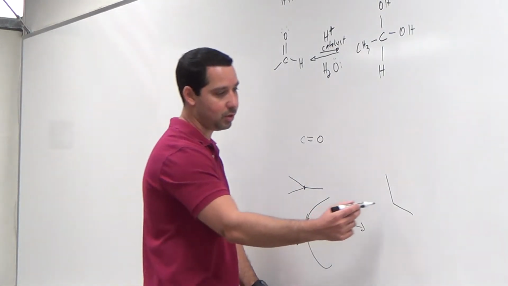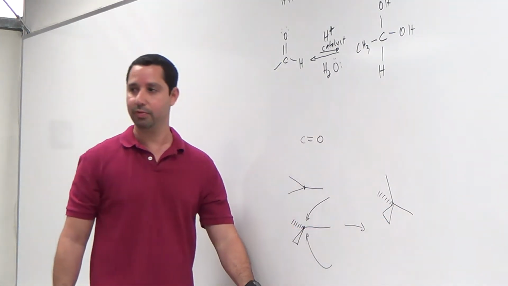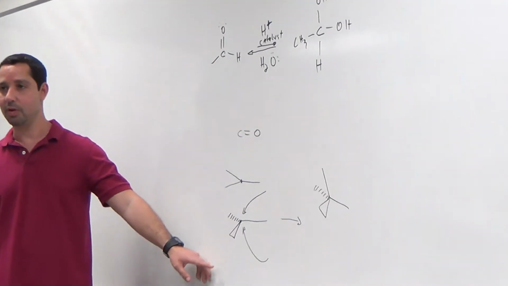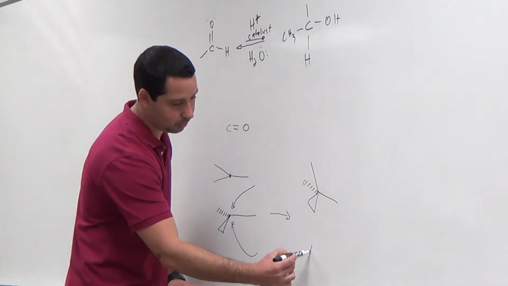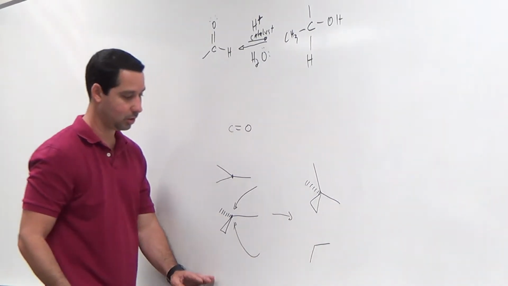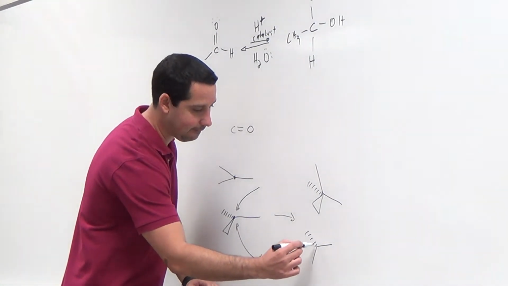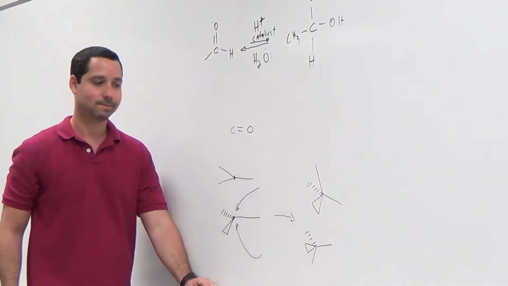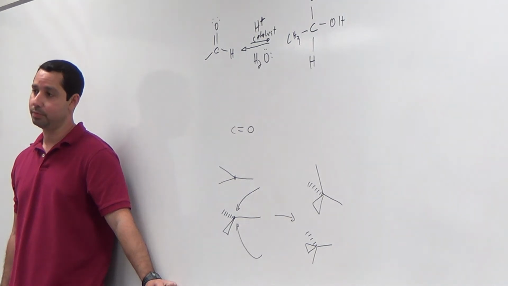The incoming group will go to the back, and this to the front. If it attacks from the bottom, it will be a bottom bond here, and still to the back, to the front. Yes or no?